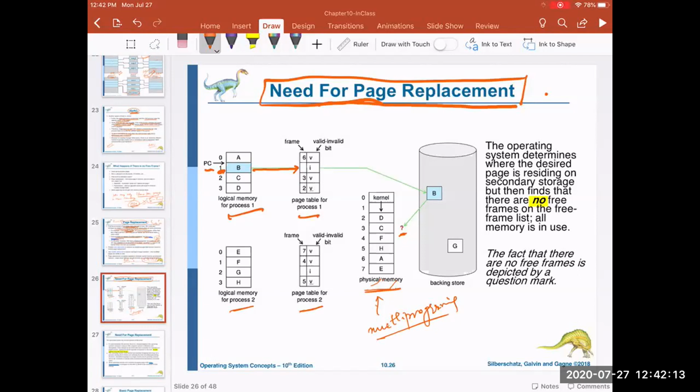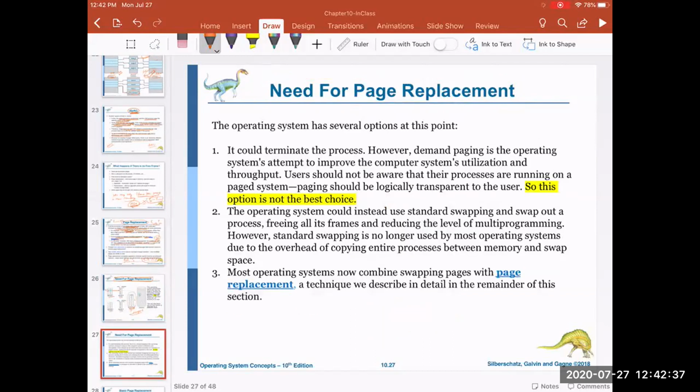When they are utilized, and there is a need for an extra frame which is not available in physical memory, we need an algorithm that would replace an existing frame from the RAM, free it, and put this new frame into it. I hope I'm clear on why we need page replacement. One option is that we could terminate the process, and the other is that we can do page replacement.